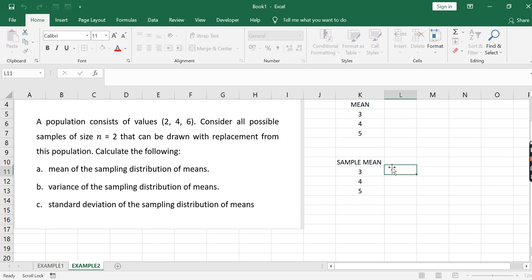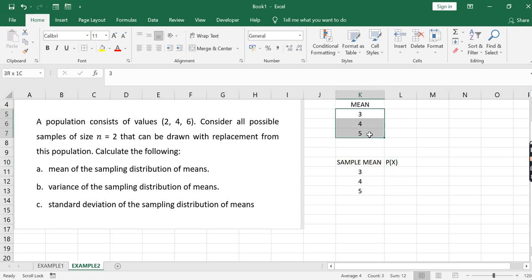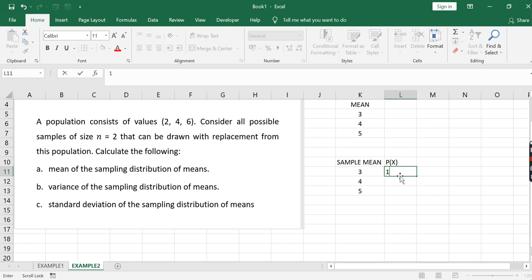From our means, let's list down the probability. What is the probability of getting 3? How many 3's are there? Only one. The probability is 1 divided by the number of options, which is 3. So it's 1 over 3.